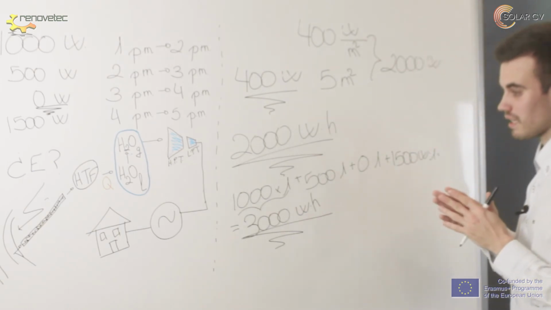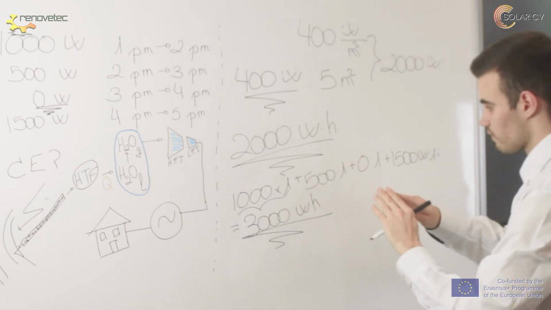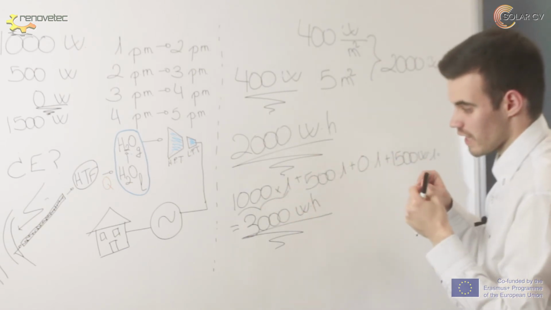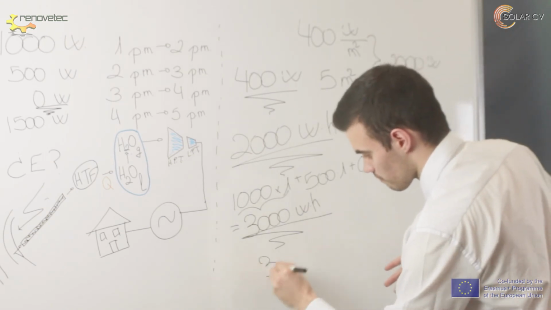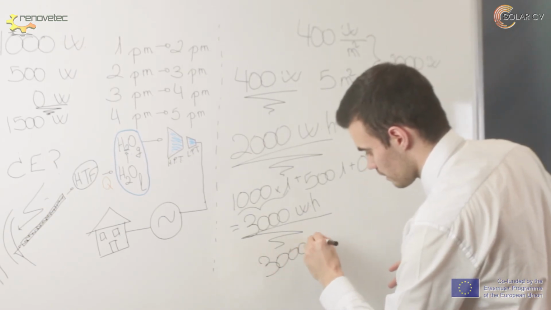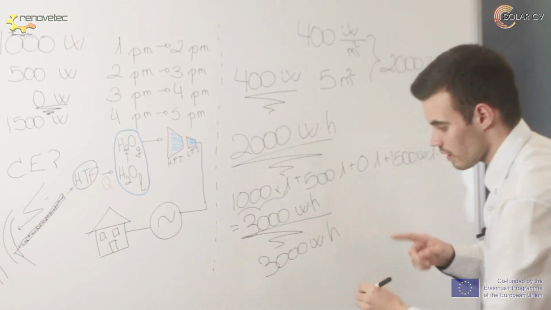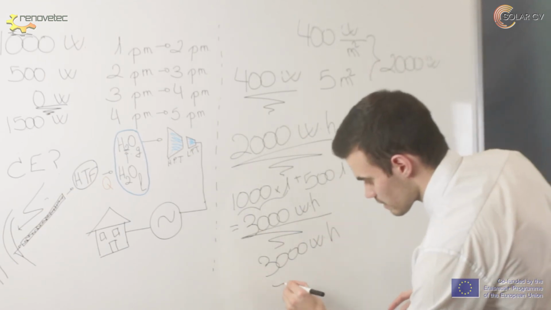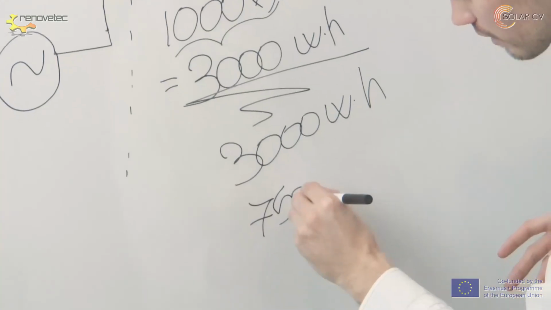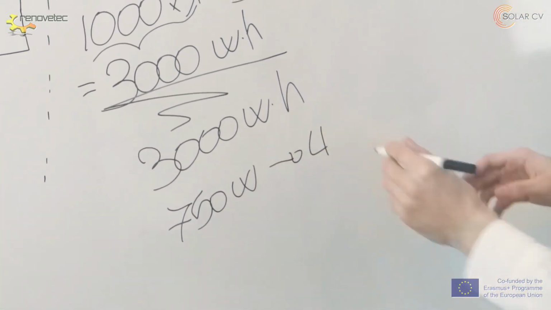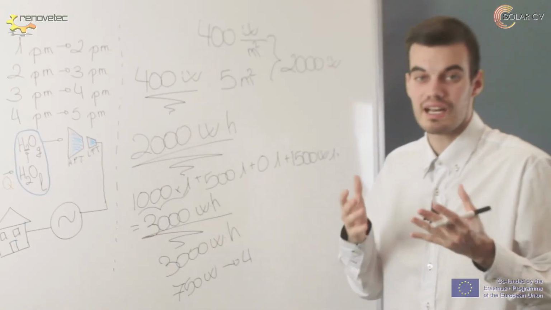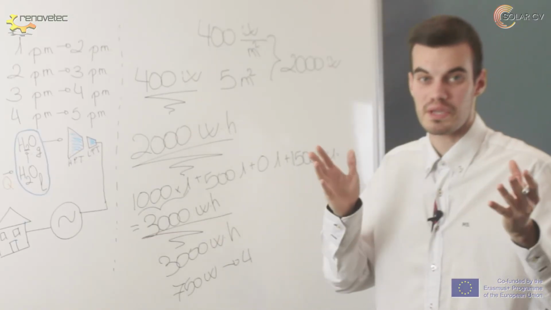This is the same as if the plant had produced 3,000 watts in just 1 hour, or for example 750 watts in 4 hours. So really the energy is the power for a given period.